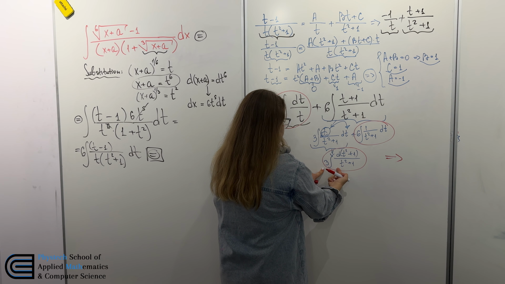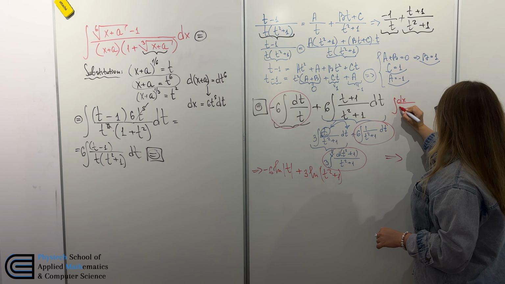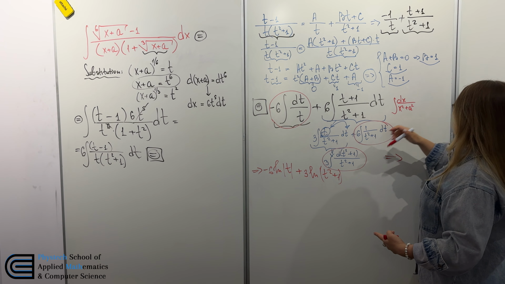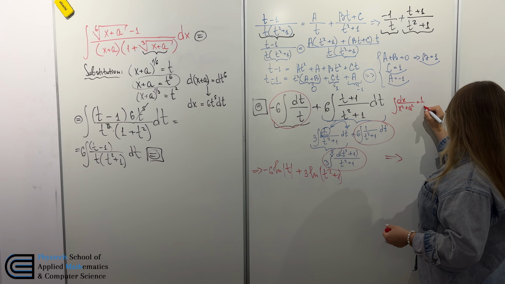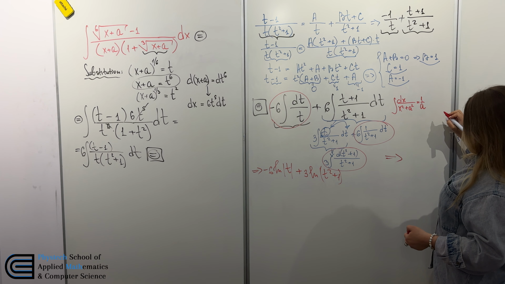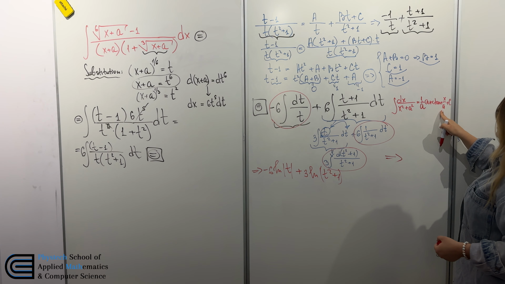But we can write a formula: the integral of dx over x squared plus a squared, and this integral will be very easy to do. 1 divided by a, arctangent of x divided by a, plus constant.